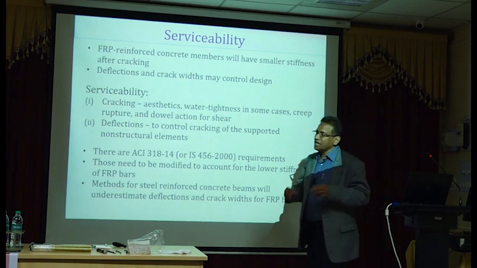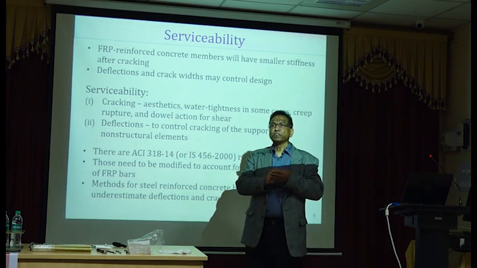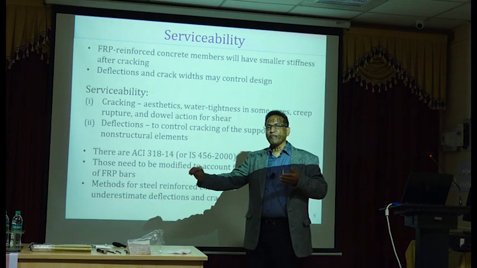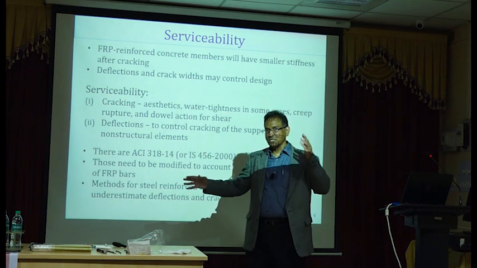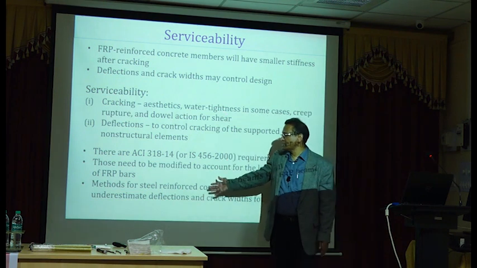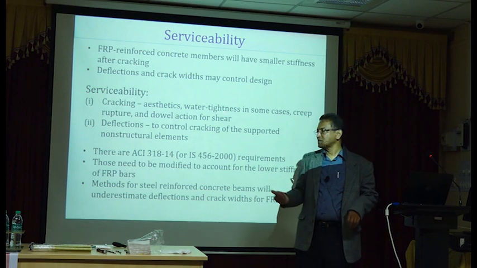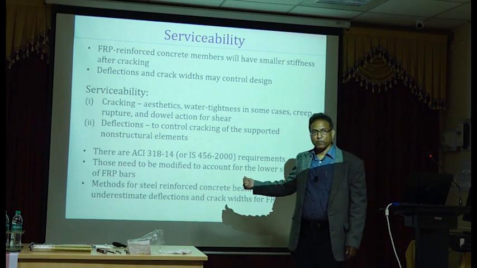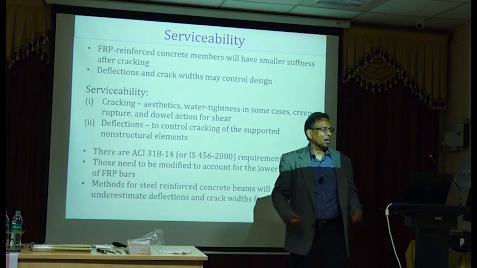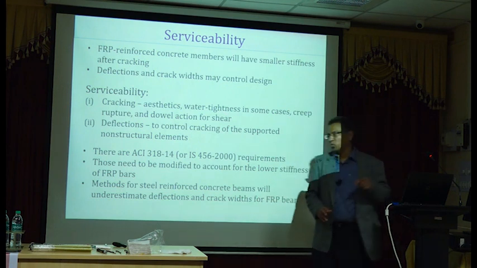However, because of the relative stiffnesses of steel reinforced concrete beams and FRP reinforced concrete beams, there is a difference, and therefore if we use the methods given in steel reinforced concrete beam codes or specifications for FRP reinforced beams, it may not work. In most cases it will not work.